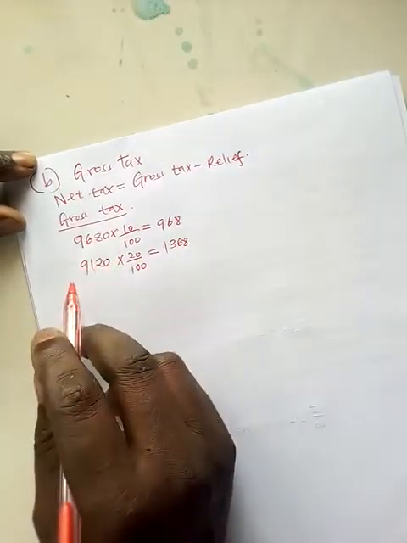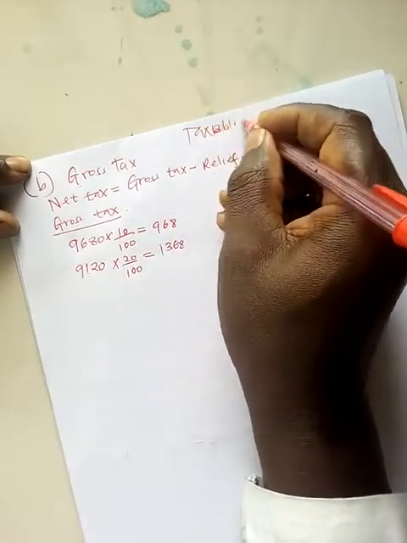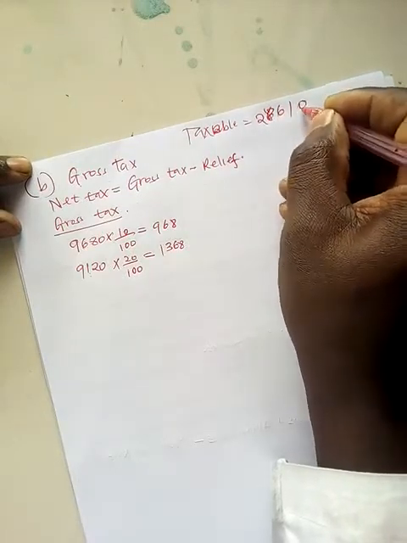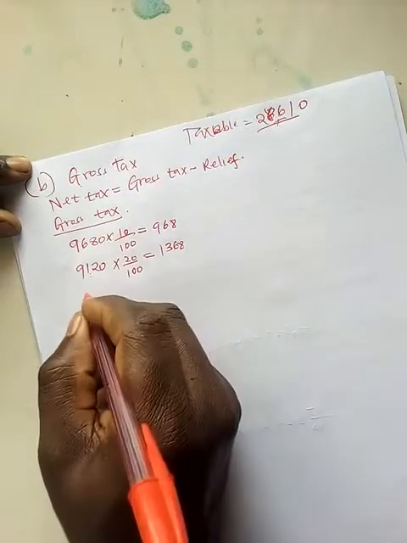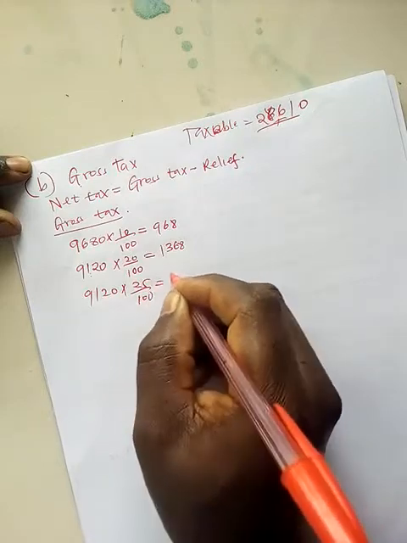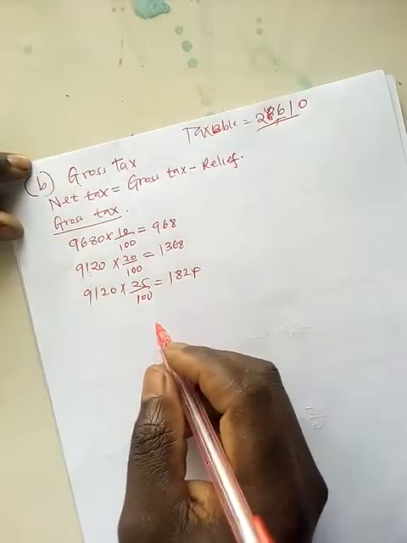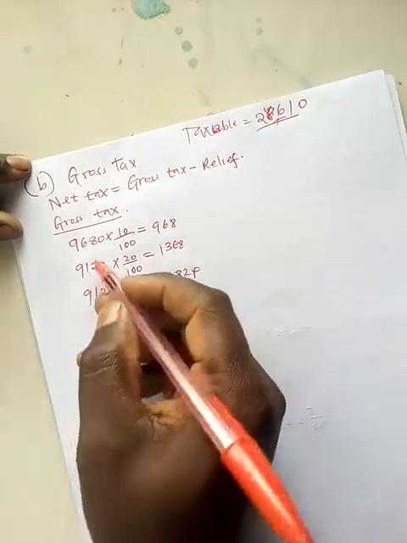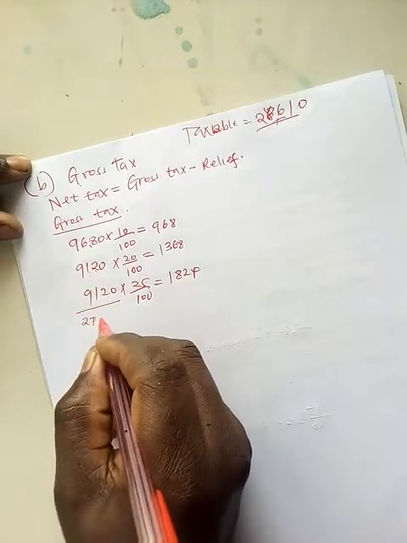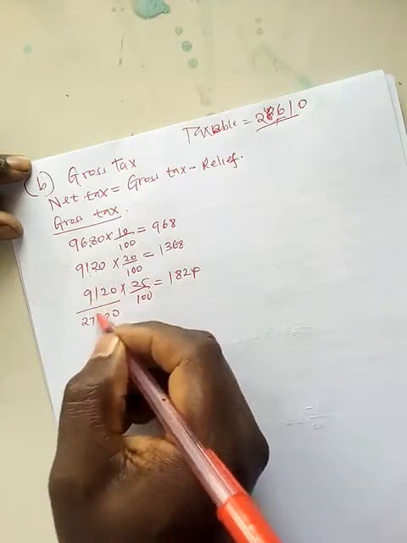Bado tutafika our taxable income. Ukumbuka our taxable income ni 28,610. So bado tutafika. So tunaenda the next step, 912 times 25 over 100, which will give us 1,824. Using your calculator. Now, ukiongeza hii na hii na hii, tutapata total of 27,920. Ukienda next step ya 9,000, itaenda beyond our taxable income.